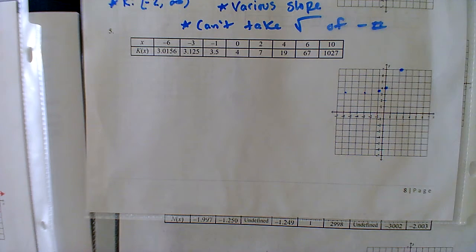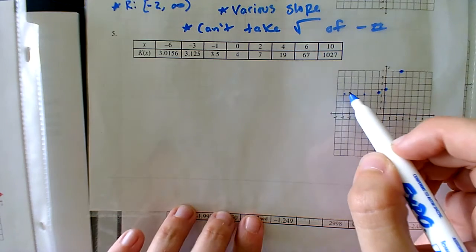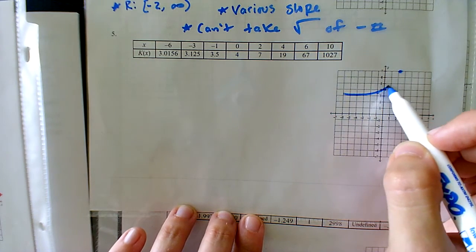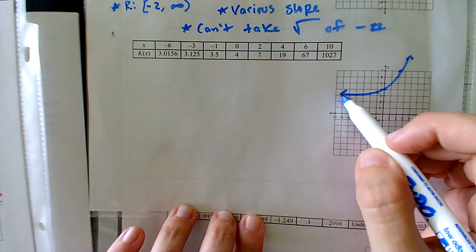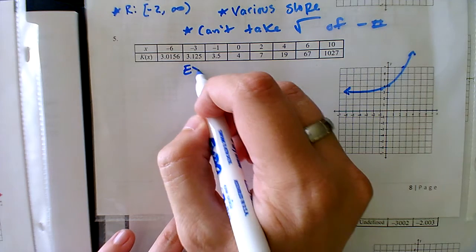If you were to play connect the dots, what kind of graph would we have? Exponential, nice.